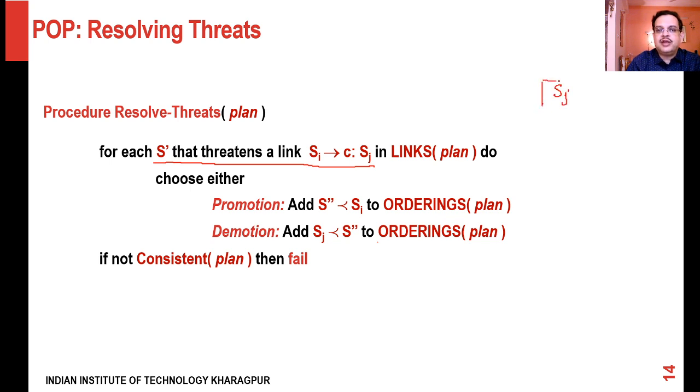To execute action Sj, I require some predicate C to hold as a precondition, and there is some other action Si which produces as a consequent the C, and therefore the execution of Si enables the execution of Sj, because Sj needs C and Si produces C.